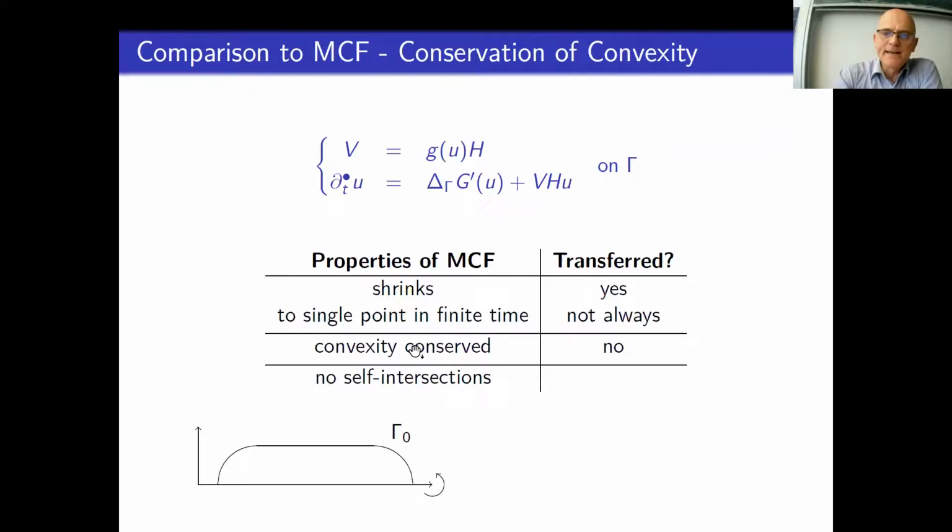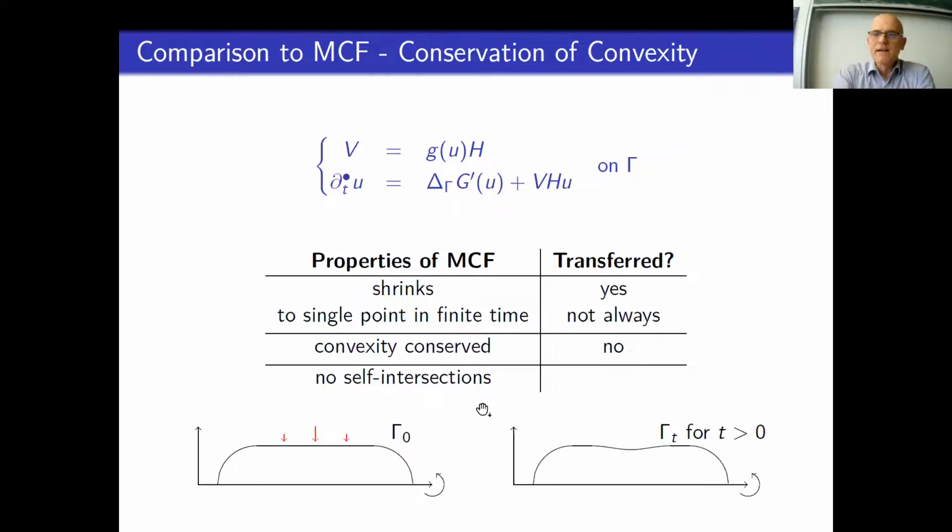Let's look at convexity. Is convexity conserved? Here we have a disparate picture. For curves it is preserved, but for surfaces it is not preserved. So what do we do? We think of an axisymmetric situation.